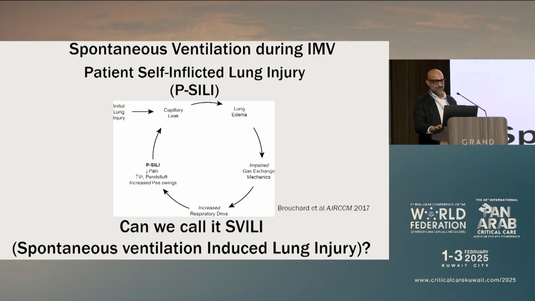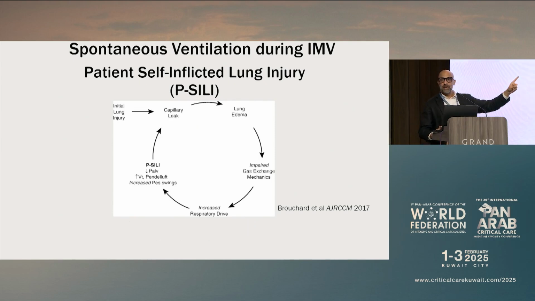It increases your metabolic changes, increases your respiratory drive, which in turn increases your pulmonary pressure, causes increased stress, increased strain, and then you get into this vicious cycle where, as a consequence of the patient taking breaths, they generate higher transpulmonary pressure, cause more edema, and it makes your lung injury worse.